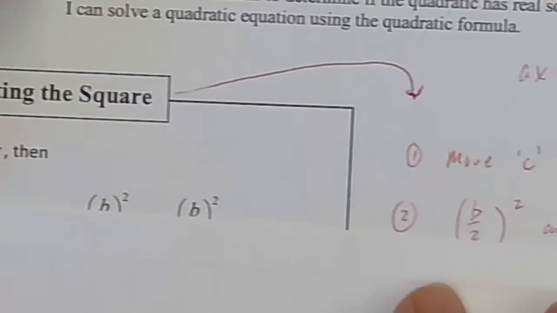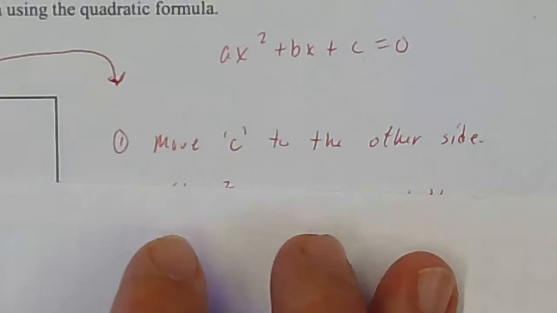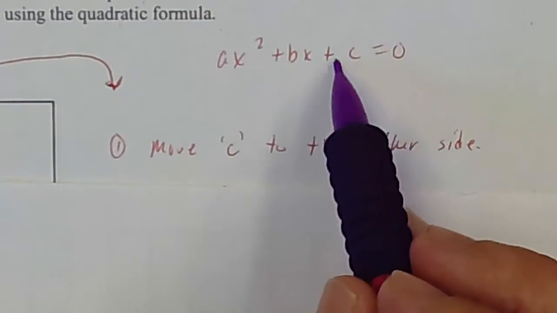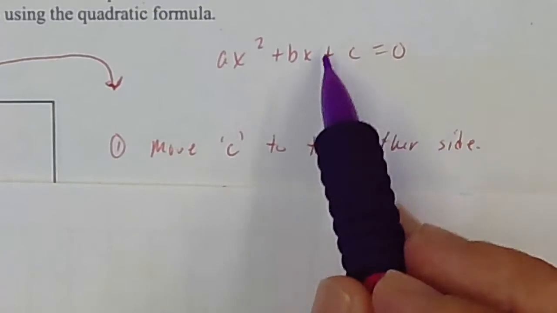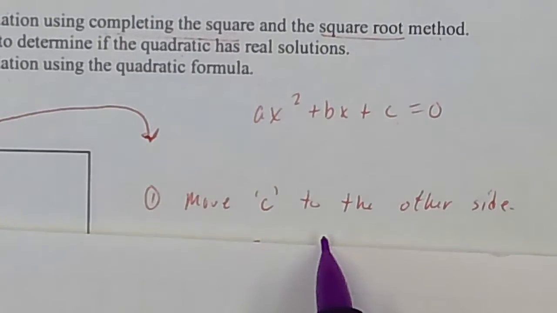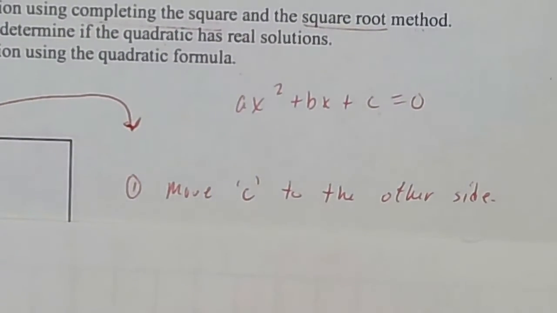All right, first step is you want to move C to the other side. Sometimes it might not be already there, and sometimes it will be. But by the C, I mean the constant term of the quadratic. So move C to the other side is the first step. Write this down in the space provided.